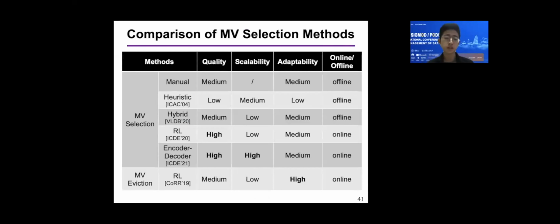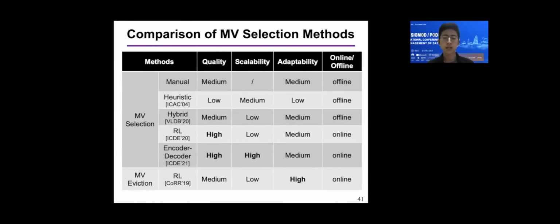In this table, we have summarized the advantages and the disadvantages of different selection methods. And then we can see that the encoder-decoder model has achieved the highest quality because it encodes the query features together with the materialized view features.